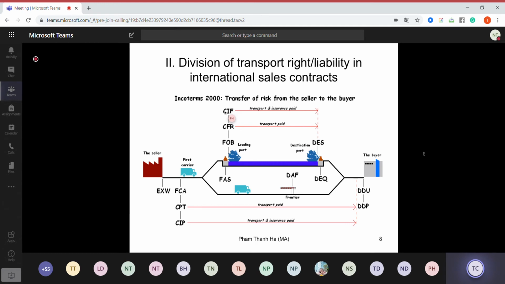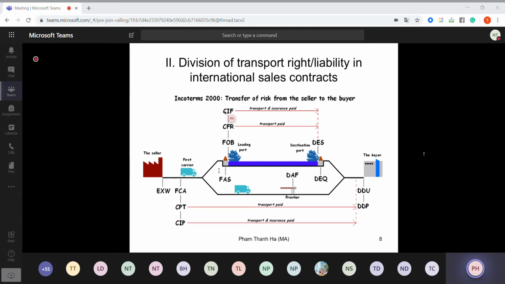But what about the difference? I think the difference is the point to transfer the risk. How to transfer the risks? Okay. Any other opinions about the difference between the CIP and CIF?